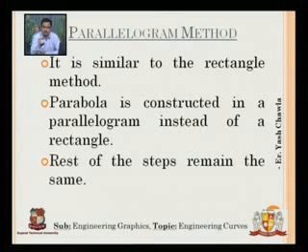Instead of a rectangle, if I use a parallelogram, in which both the sides are parallel but they are not at 90 degrees with each other, that is the difference between a parallelogram and a rectangle. So if I use a parallelogram instead of a rectangle and follow the same steps that I used in construction of a parabola by the rectangle method, I will have the parallelogram method for construction of a parabola.